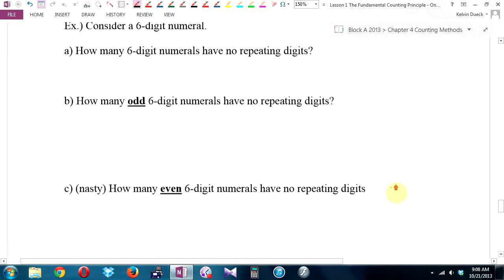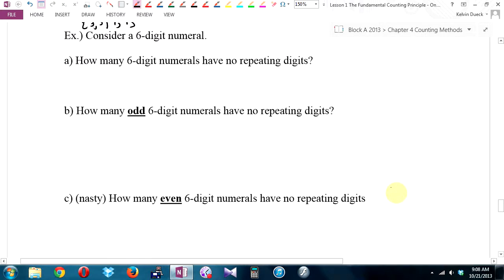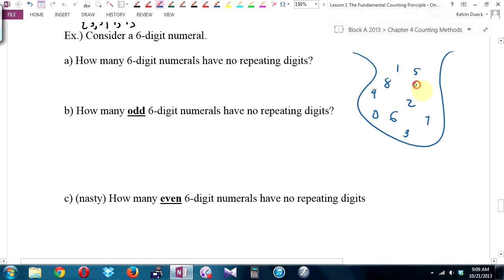Okay? This is where it gets a bit tricky. Consider a 6-digit numeral. Okay. Did they give me a list of numbers to pick from? Nope. My Scrabble bag is going to have a 0, a 1, a 2, a 3, a 4, a 5, a 6, a 7, an 8, and a 9.